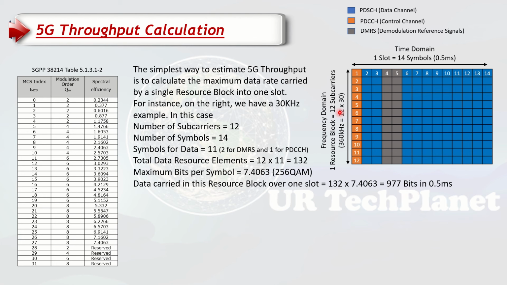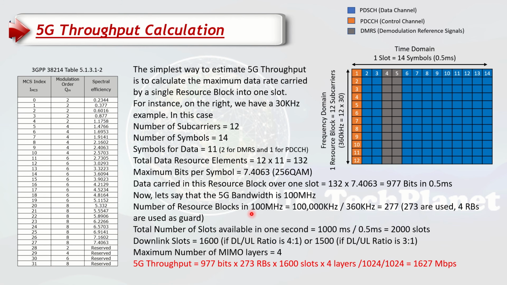So let's take an example now. Let's say we are using a 100 megahertz channel and we need throughput per second. So we want to know how many megabits per second we can get with a 100 megahertz channel with this configuration. So if I have 100 megahertz, that means 100,000 kilohertz.